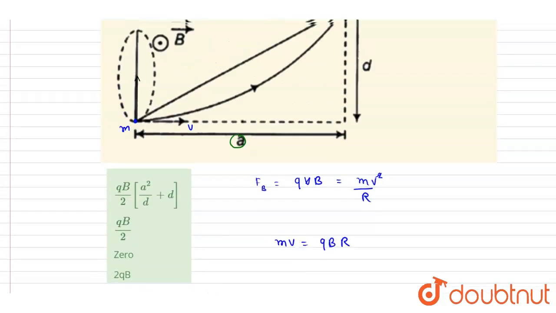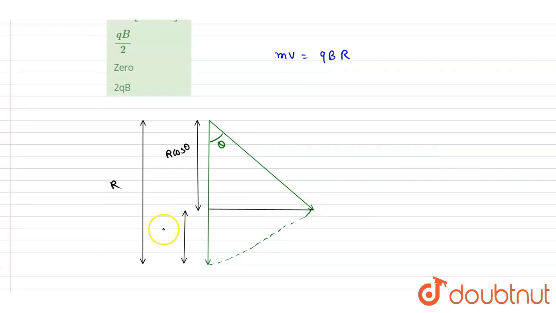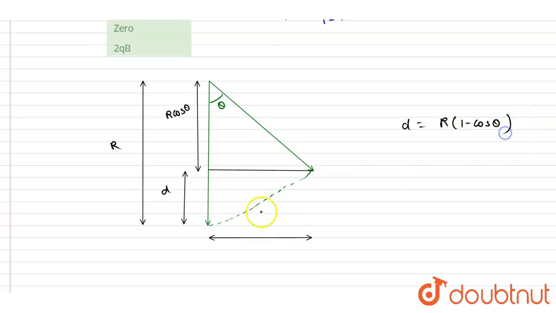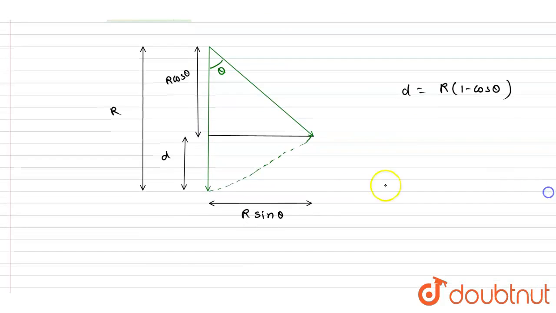So this d here is r minus r cos theta, and you can see very clearly that this distance is nothing but r sin theta. So it is said here it is equal to a.